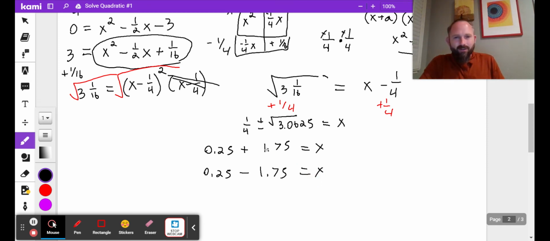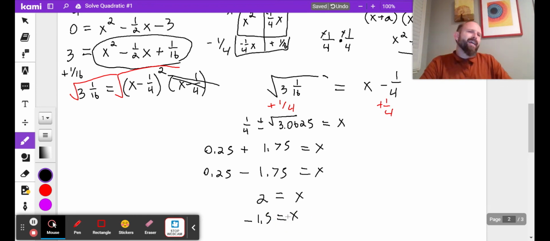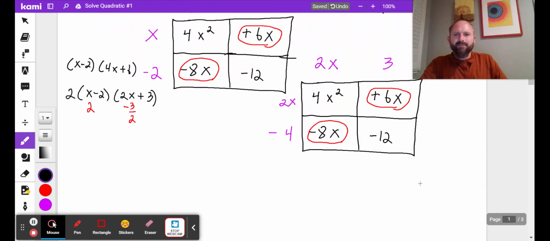If I add it, I'll get 2 equals x, and I'll get negative 1.5 equals x. Hey, wait a second. We'll scroll back up and look at it. Hey, that's the same answer. Well, duh, we're about to show you why.